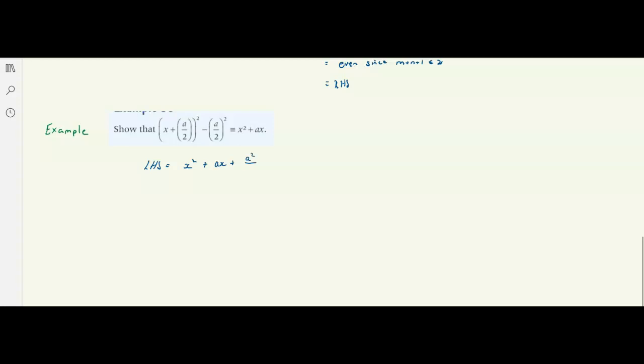So that's a squared over 4. And then I subtract the square of a over 2, which is a squared over 4. So I end up with x squared plus ax, which is equal to the right-hand side. And our job is done.